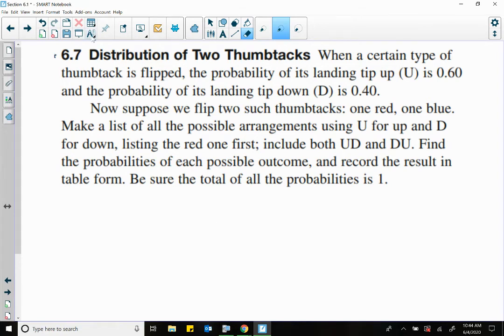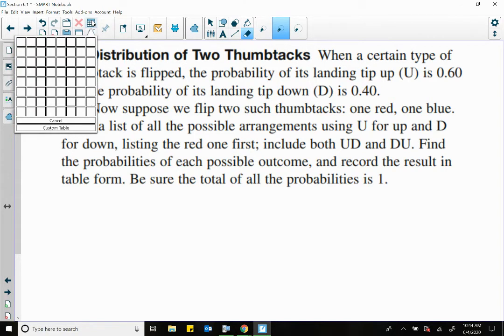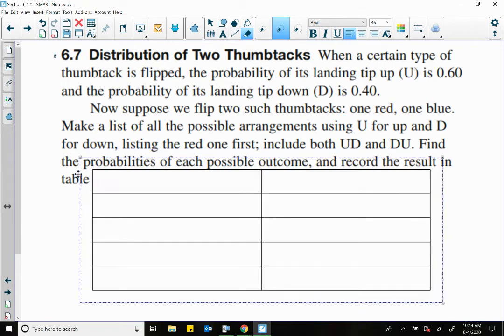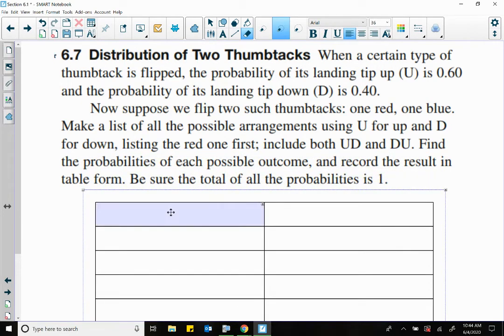Okay. So there are actually four possible outcomes. There's UU, DD, UD, and DU. So I need a 2-column, 5-row chart because we're going to talk about outcomes. Okay.